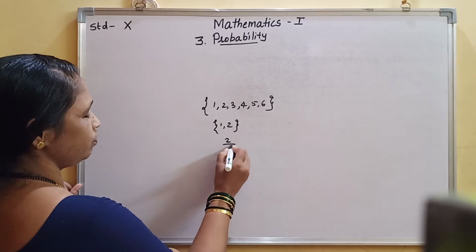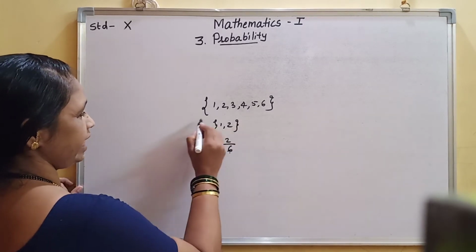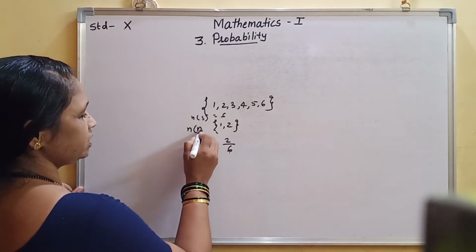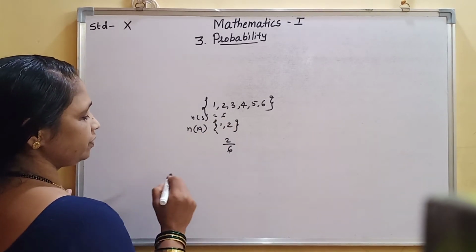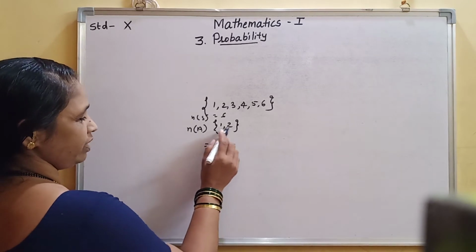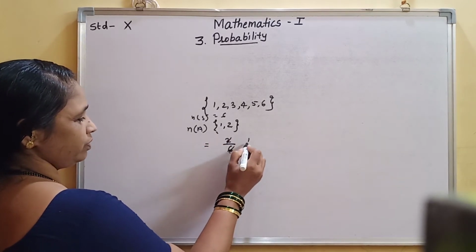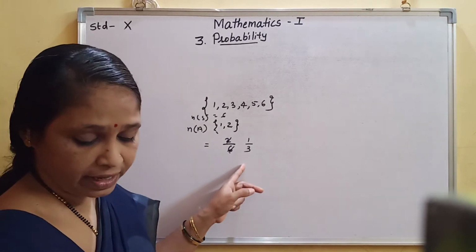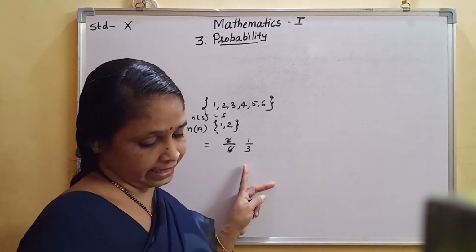So it will be 2 by 6, and the reduced form is 1 by 3. So the answer is 1 by 3, that is option number second.